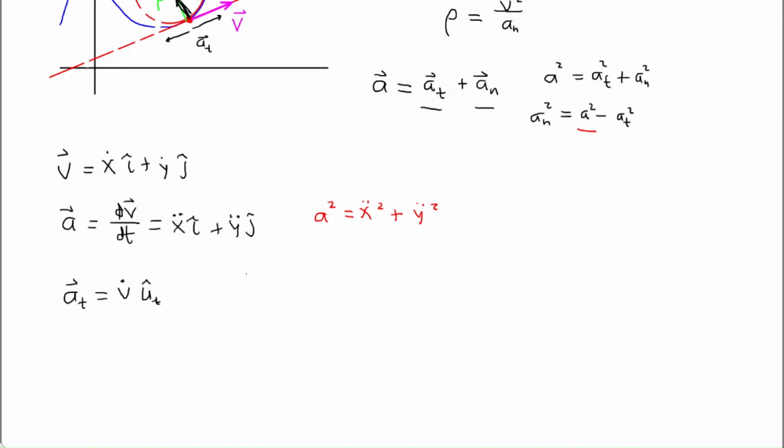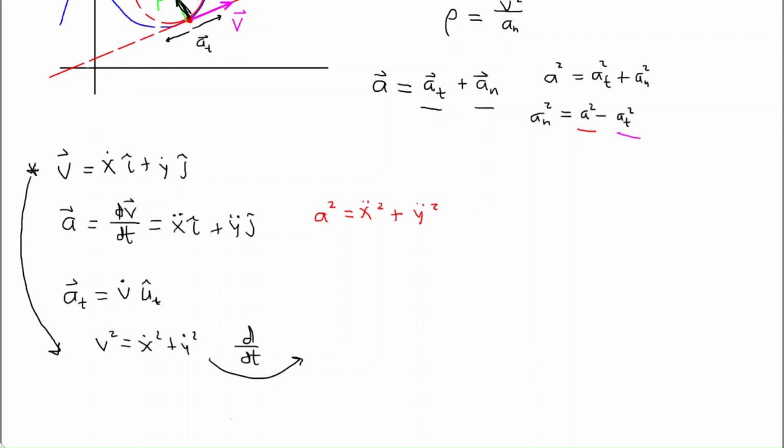Well, if v squared, by the Pythagorean theorem, equals x dot squared plus y dot squared, then we can take another derivative and get an expression for v dot.